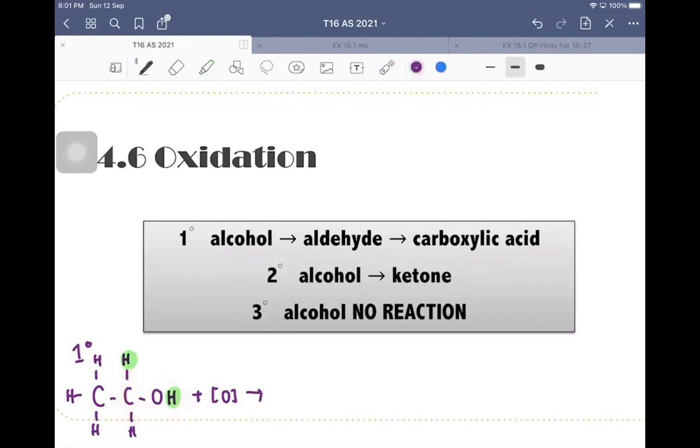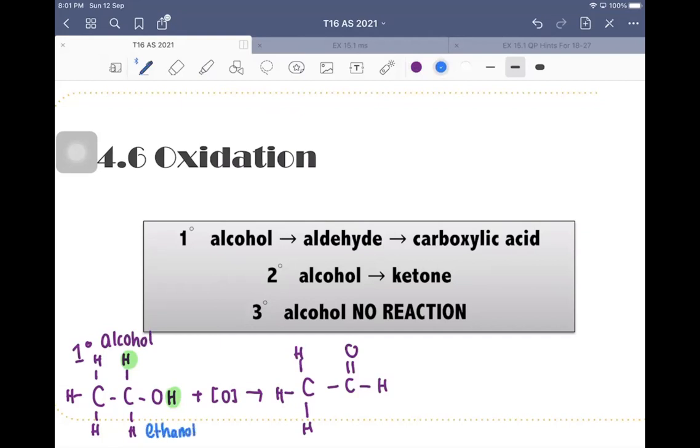An aldehyde is when you have a functional group with C double bond O with hydrogen, okay? You can see that the green hydrogens that I have highlighted are gone. We lose hydrogen during oxidation. So this is a primary alcohol, and we call this ethanol.